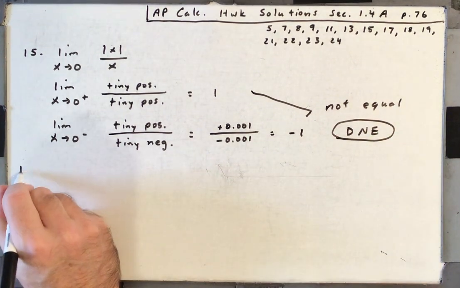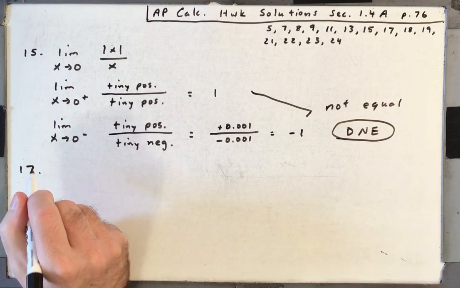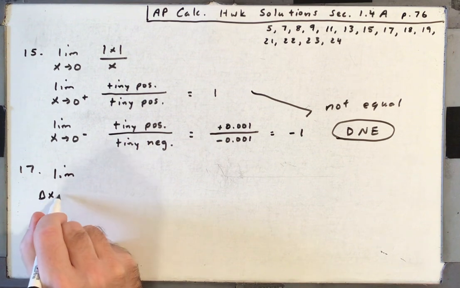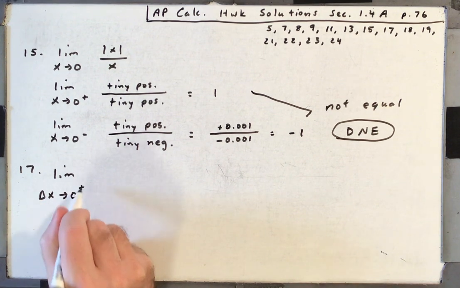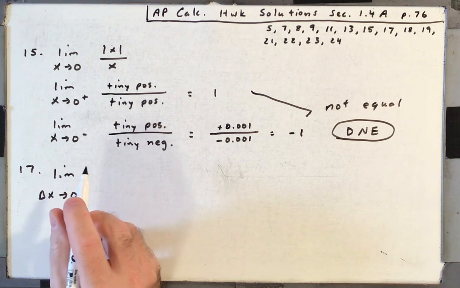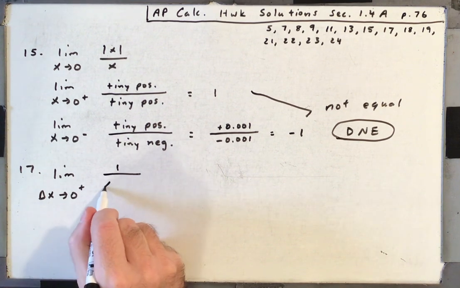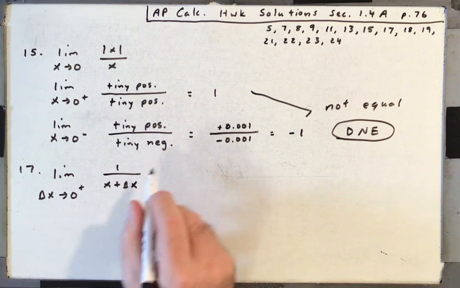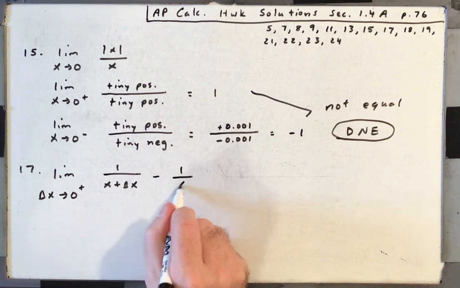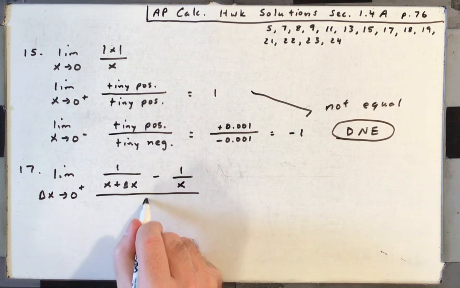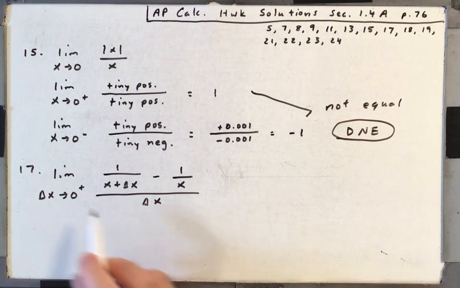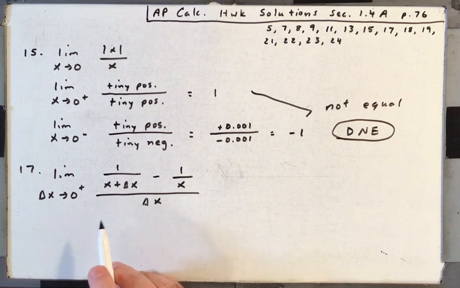All right, number 17. I hope I can fit this in. We have the limit as delta x approaches 0 from the right of 1 over x plus delta x minus 1 over x, all over delta x. So not absolute value, not piecewise, so we can just pretend this is 0.